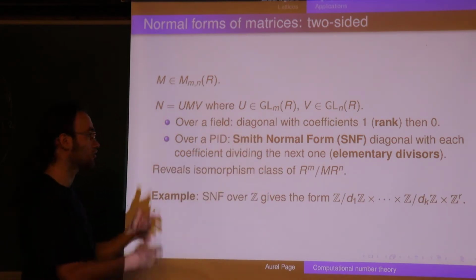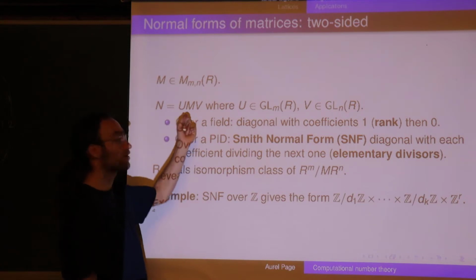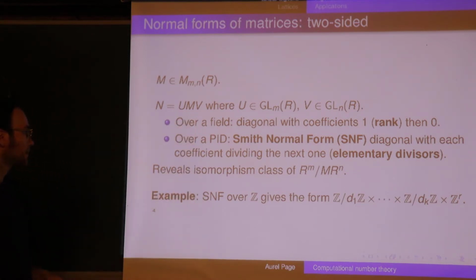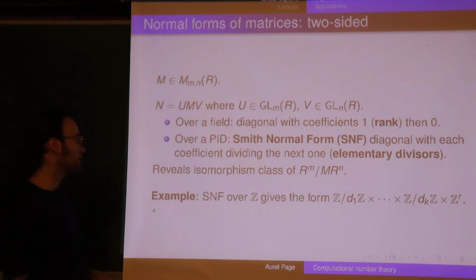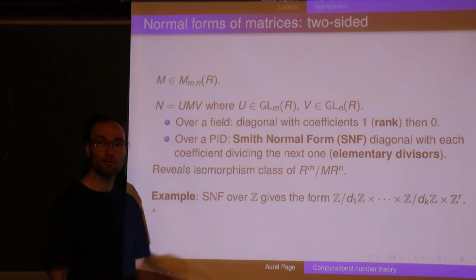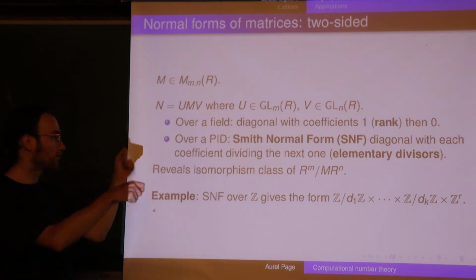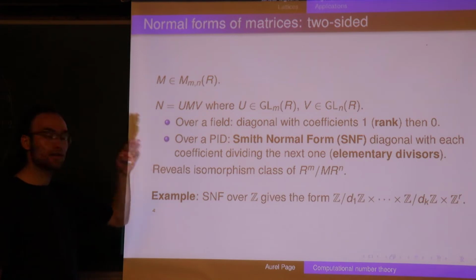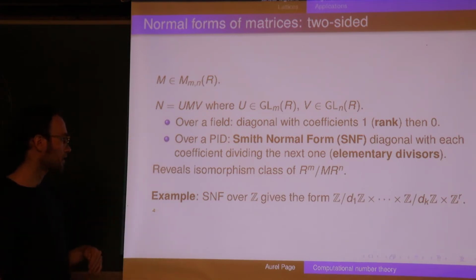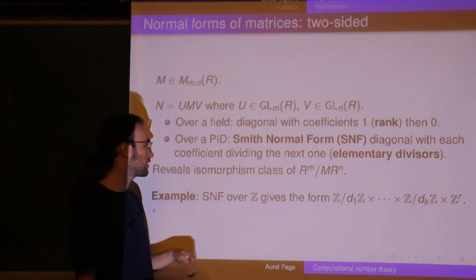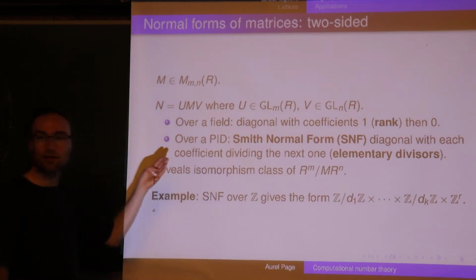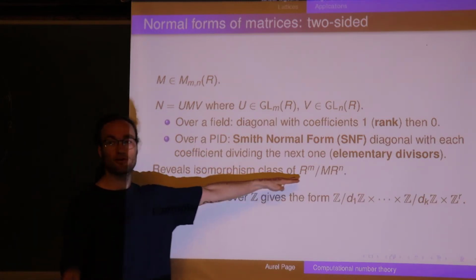And that will essentially show you the rank of the matrix. Over a PID, you have what is called the Smith normal form, which is also a diagonal form with each coefficient dividing the next one. And in particular, this reveals the isomorphism class of the quotient by the image of the matrix.